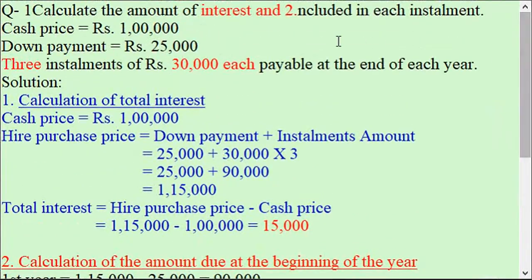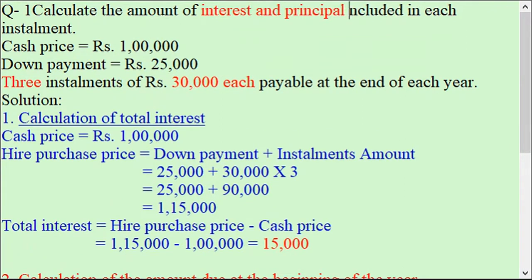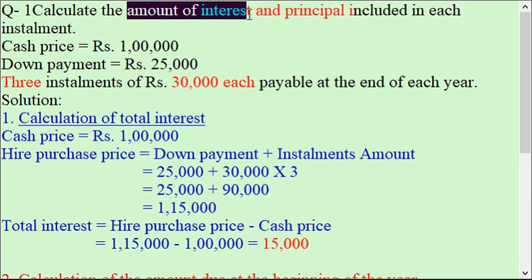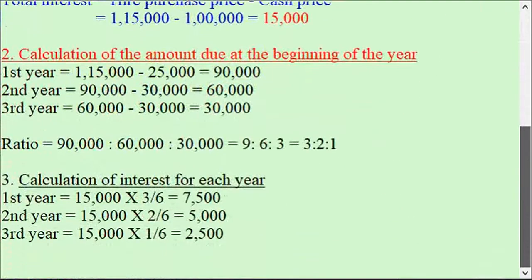Right? So the question was, I have to find the amount of interest as well as the principal amount included in each installment. So I have found the first part of the question, that is the interest included in each installment.